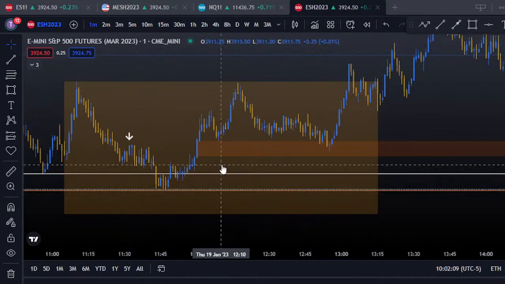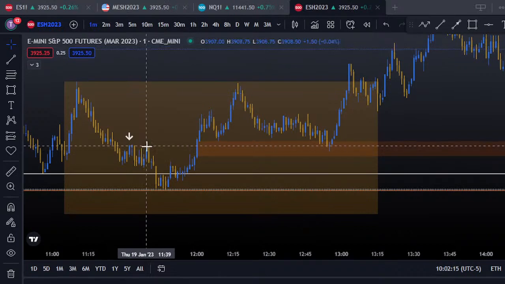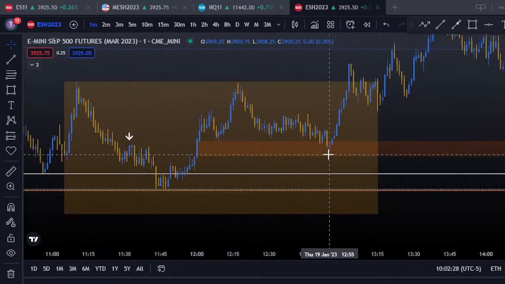3909 to 3907. Okay, so if you entered the trade around here, say if you enter here, kind of like front running, highest place, that's 3909.25. This got down to 3908.25.